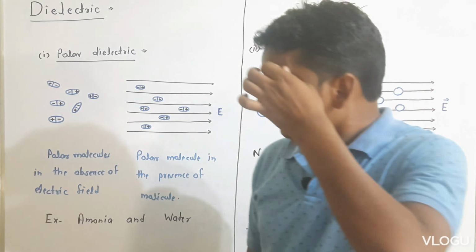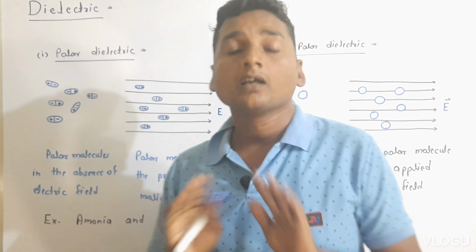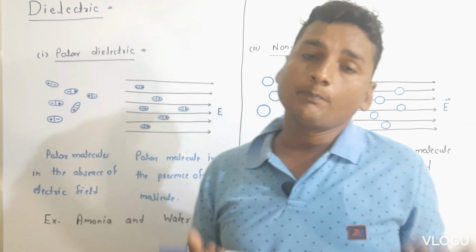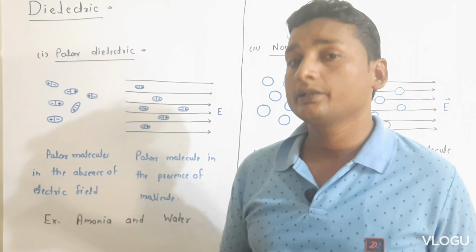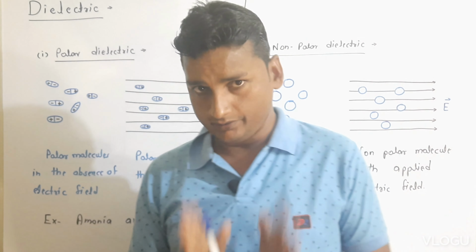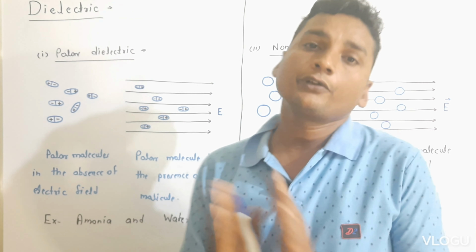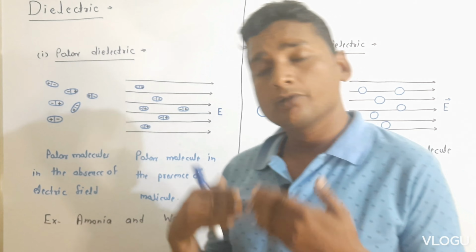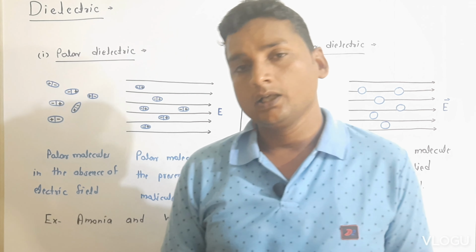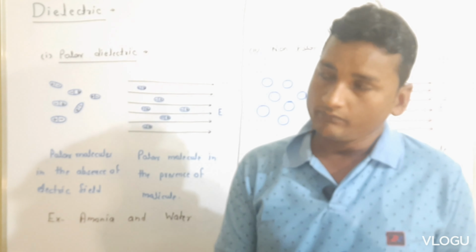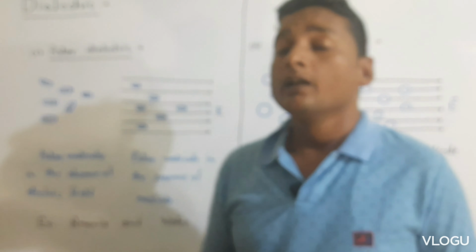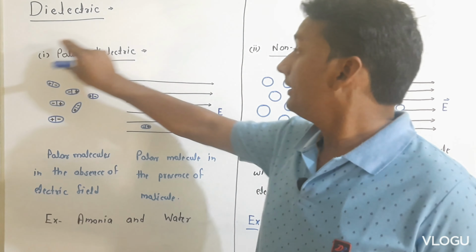But a polar dielectric material has no permanent dipole moment in the absence of an electric field. Polar molecules have a net dipole moment even in the absence of an external electric field, but a polar dielectric material does not.